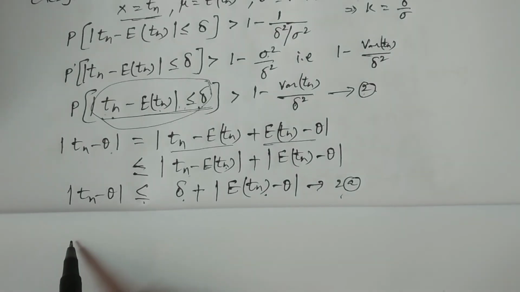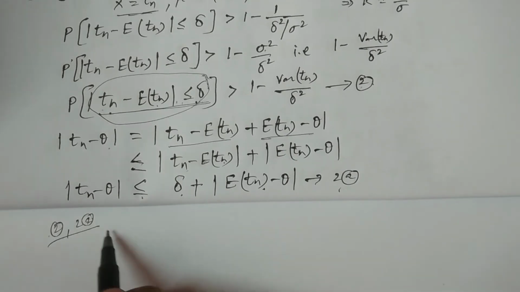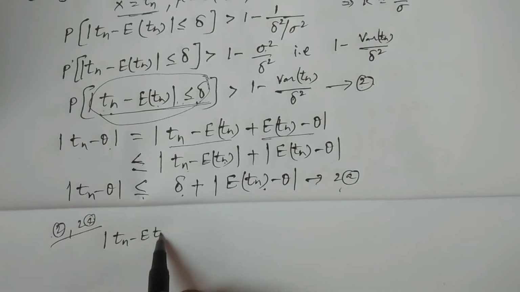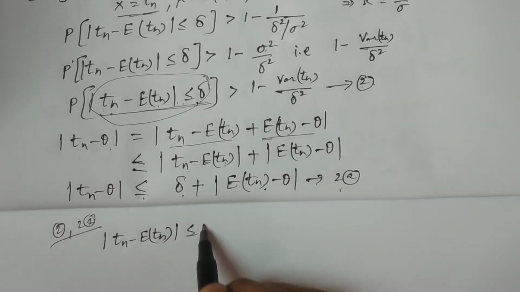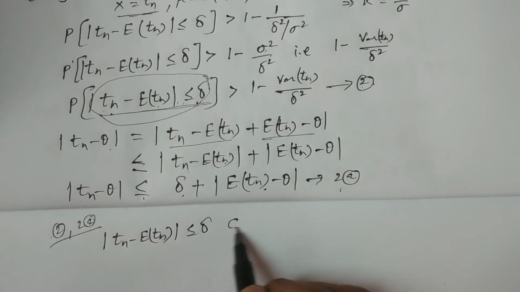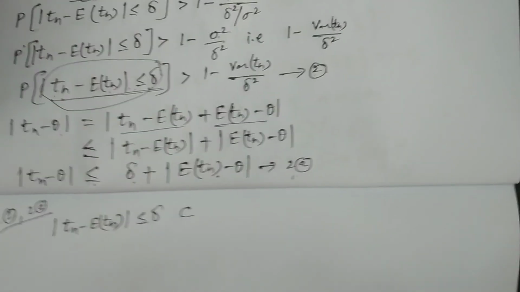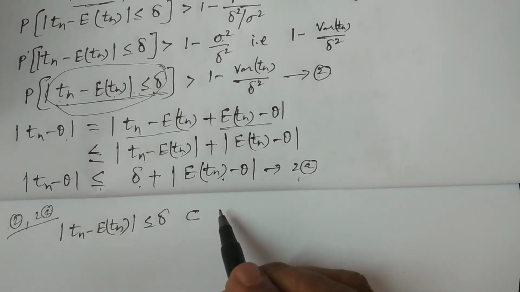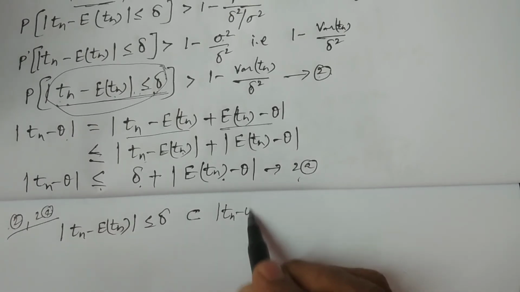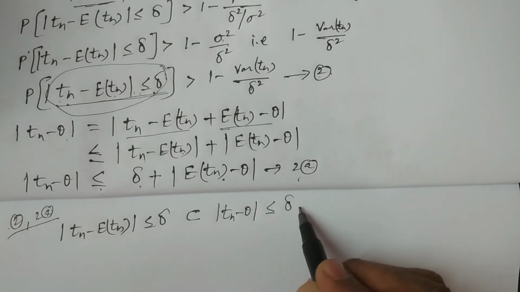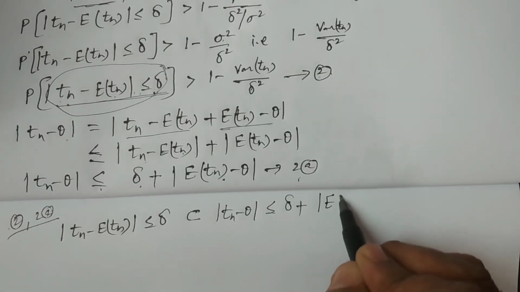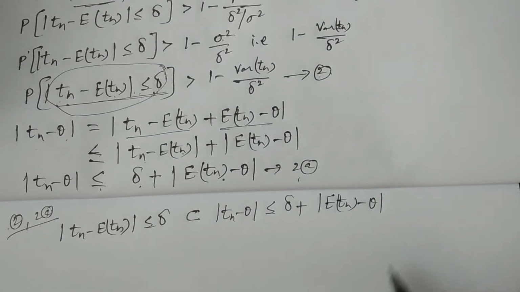So from the comparison of equations 2 and 2a, you will get |Tn − E(Tn)| ≤ delta, which is contained in |Tn − theta| ≤ delta + |E(Tn) − theta|. Am I right? This is what you have to understand.